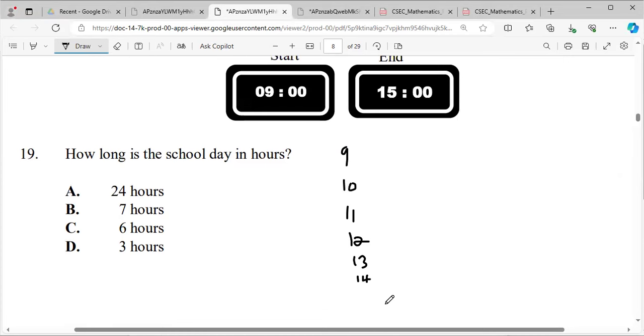And then I discounted, sorry, from 10: 1, 2, 3, 4, 5, 6, because the ending point is at 15. So 10 is starting from 10. Somebody might ask, why did you leave off the 9? The 9 is a starting point. We do not count the starting point. We just count the other numbers.